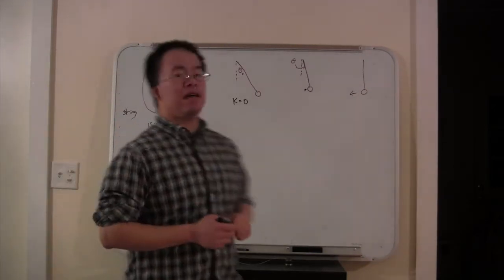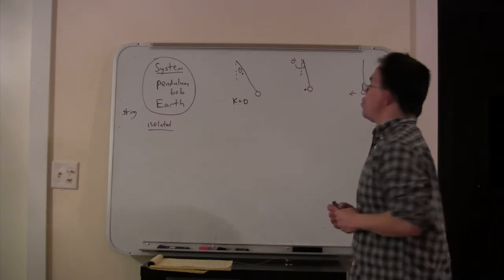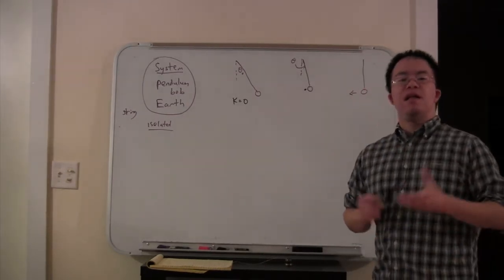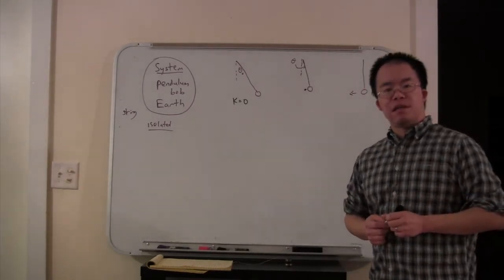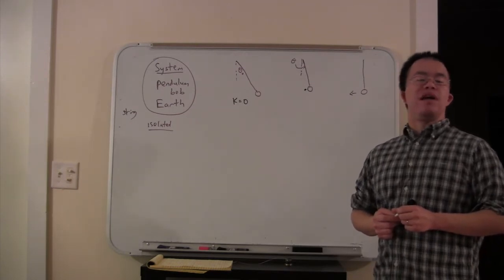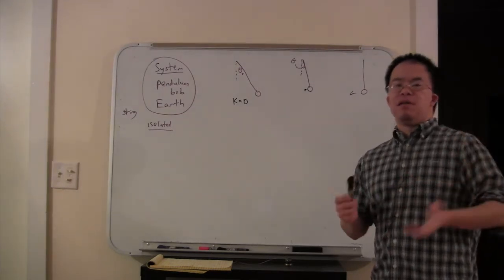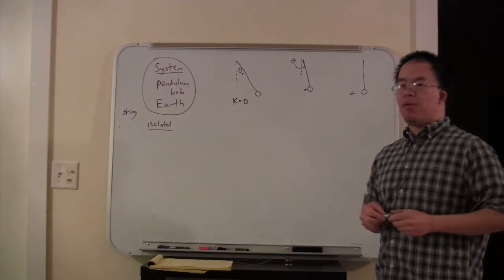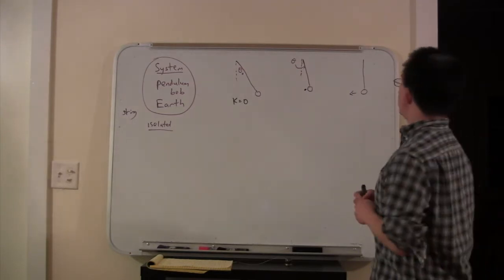So I want to think about my gravitational potential energy. As we talked about in 117, gravitational potential energy just depends on height above some zero, which can be arbitrary.